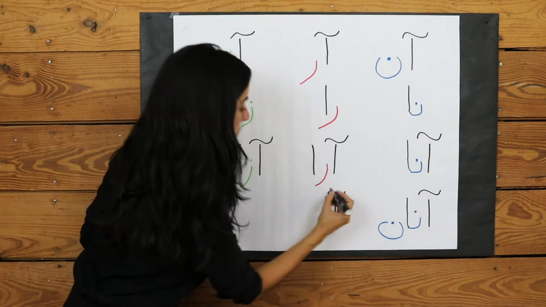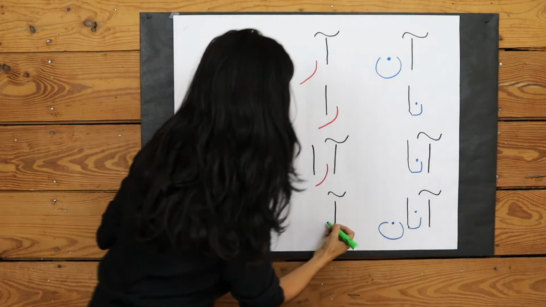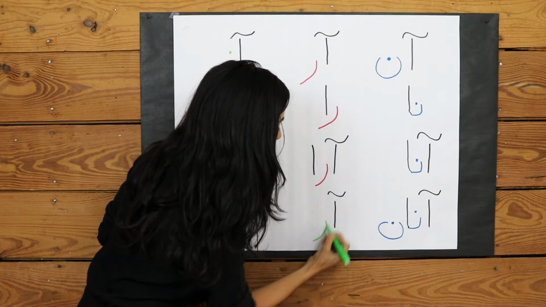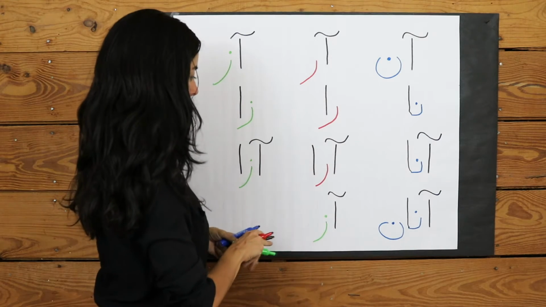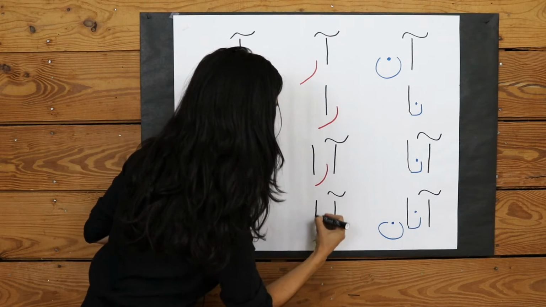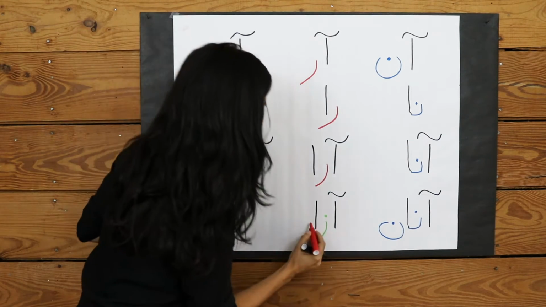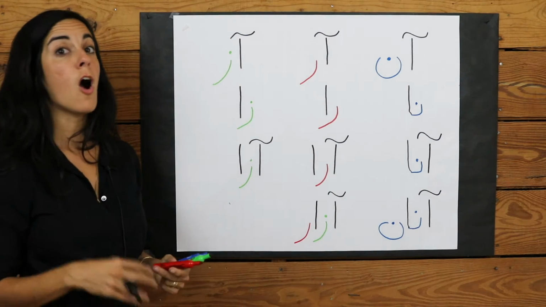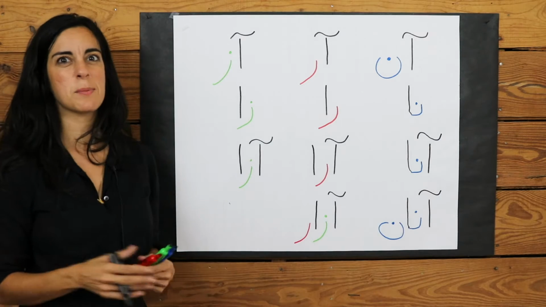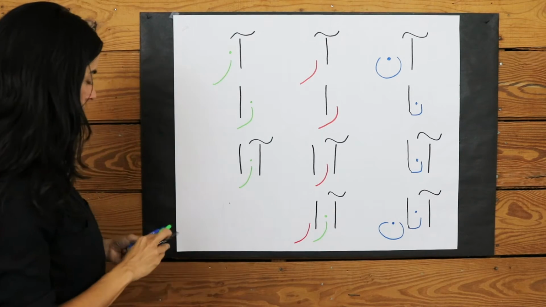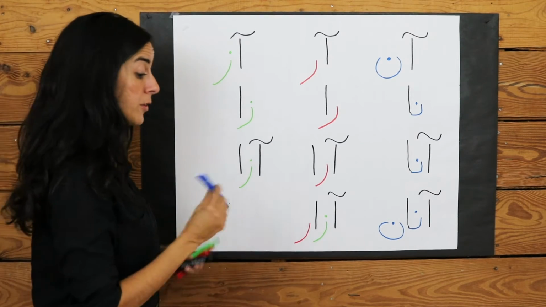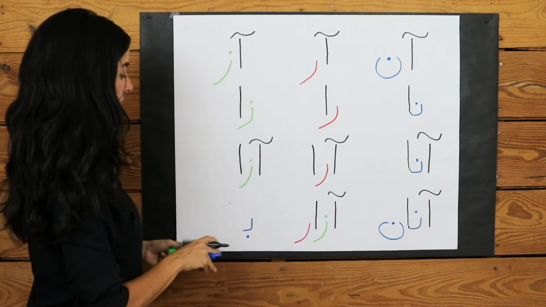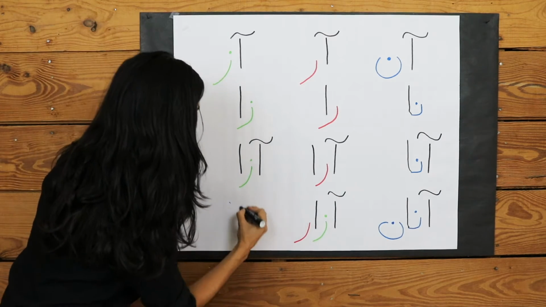An a followed with a ze, followed by an a and a re becomes azar, and that actually means something like pain and suffering. And now a letter that we learned last time, be, makes an appearance.